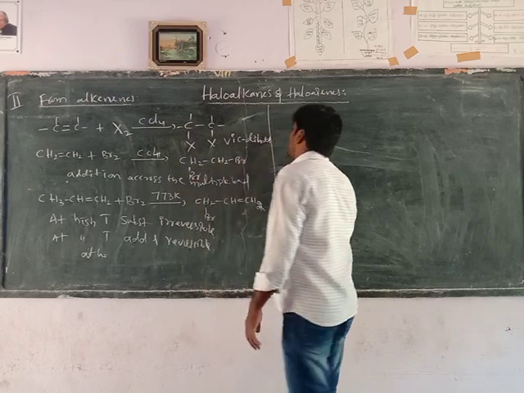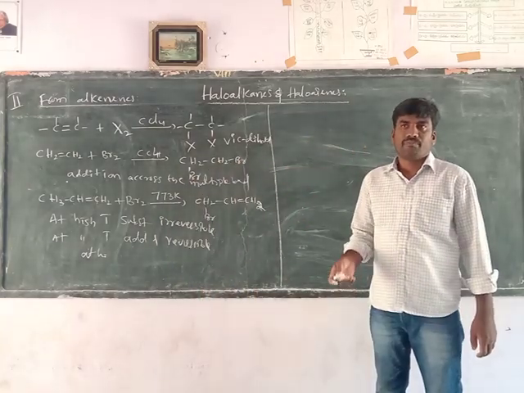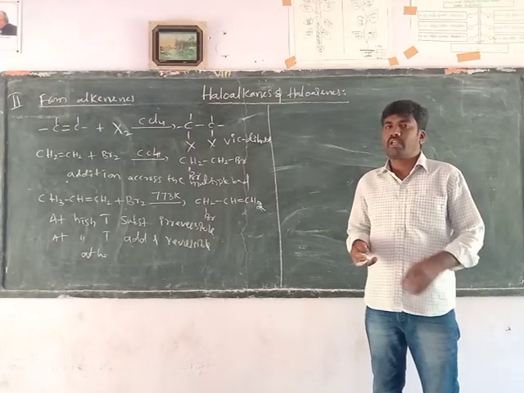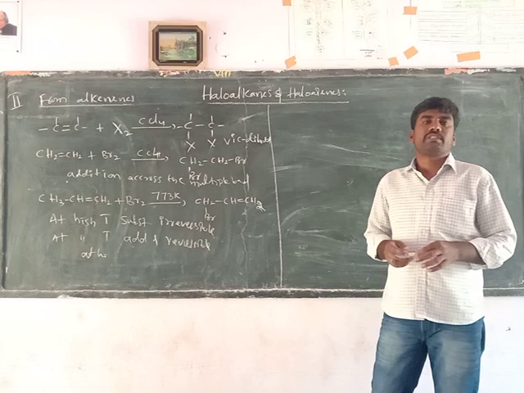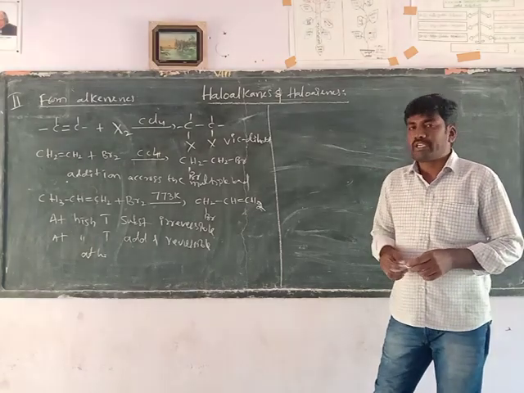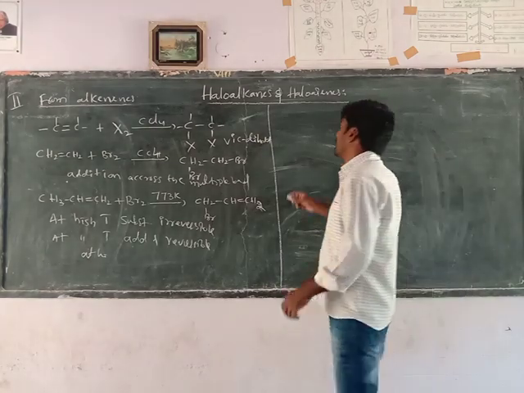Now, alkenes other than ethylene react with specific reagents like N-bromosuccinimide or sulfuryl chloride in the presence of sunlight or peroxide as an initiator to form allylic halides.